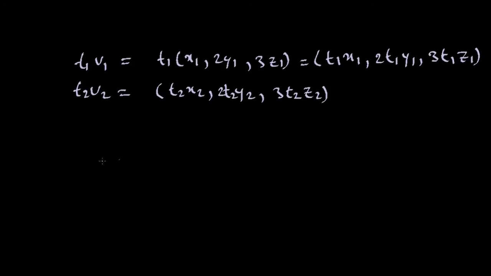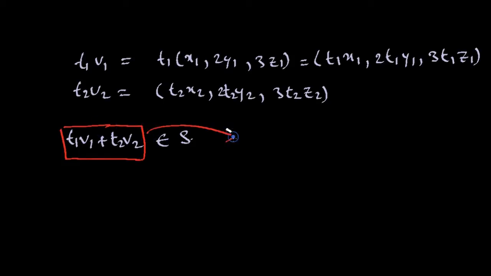And we need to show that this T1 V1 plus T2 V2 belongs to S. So if we can show that this particular element is of the form x, 2y and 3z, where x, y and z belong to R, then we can say directly that this vector is from S, and then our one step test is satisfied.